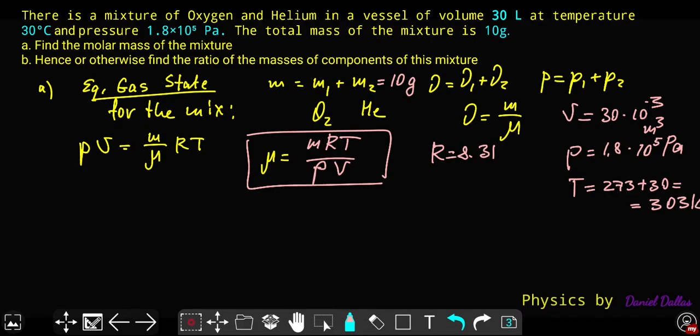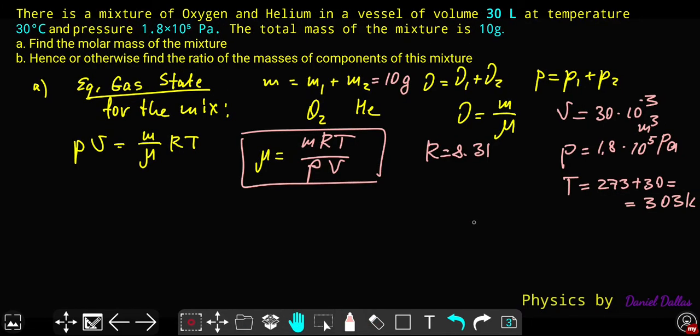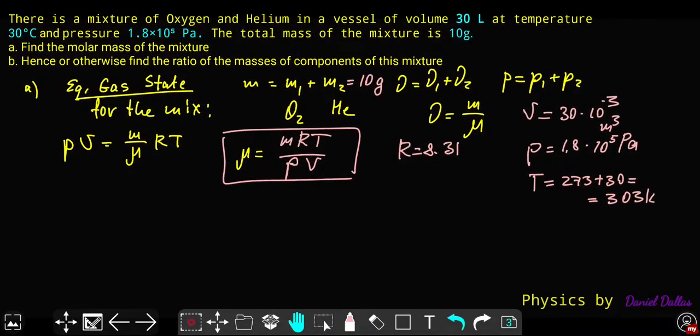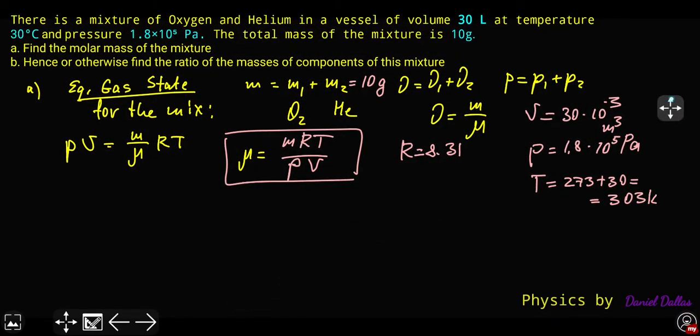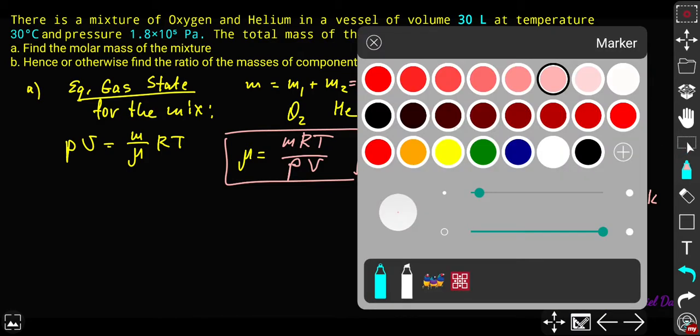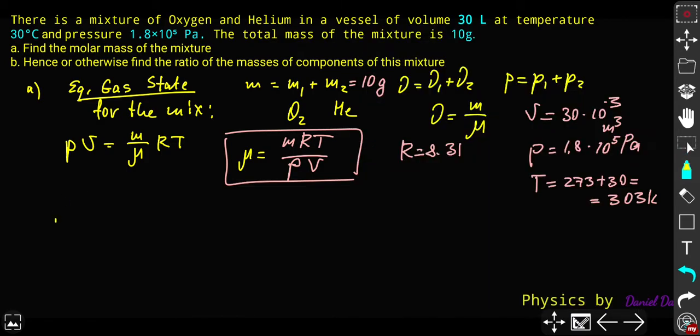303 kelvins. Alright, so that's our input data, and now we can use it to calculate the molar mass. Take your calculator and let's do it together. I'll use grams per mole, so I just plug in the values.